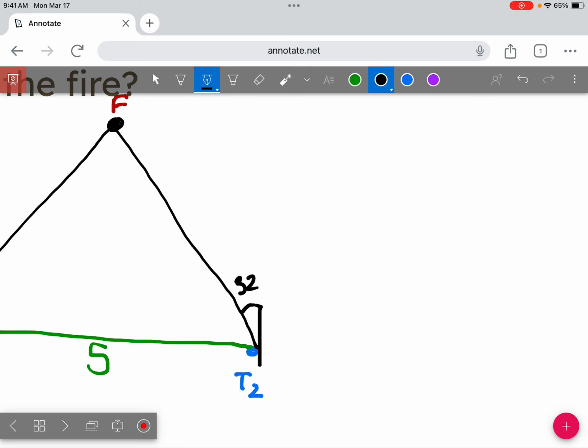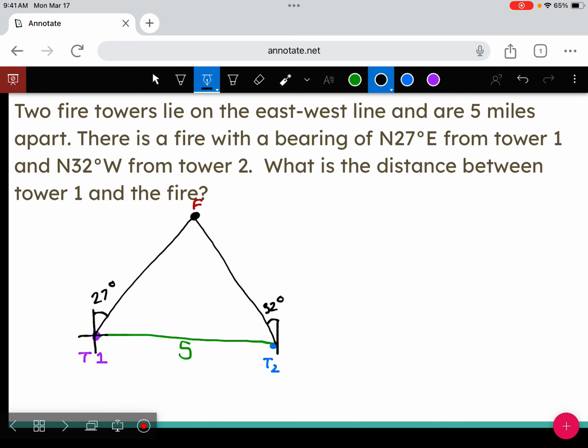Why is it 32? Because they went to the west and not to the east. So this is 32 west.